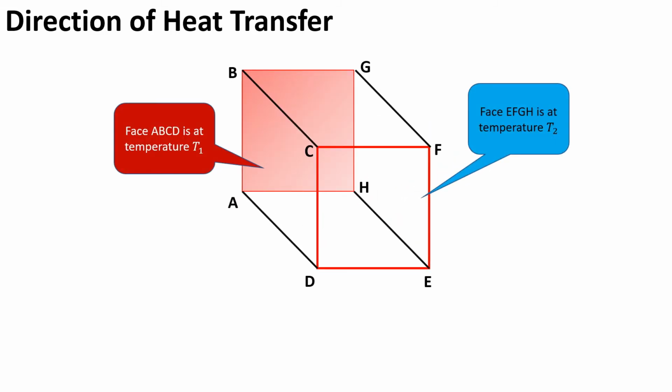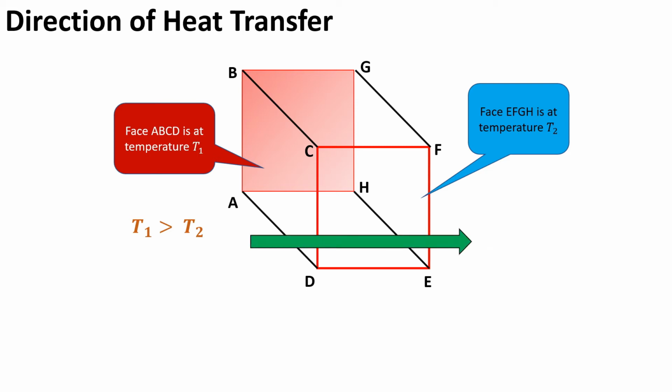Consider we have a cube. The face ABCD of the cube is at temperature T1 and the face EFGH of the cube is at temperature T2, such that T1 is greater than T2. So heat will flow from higher temperature to lower temperature.